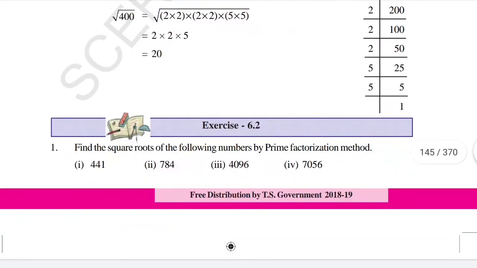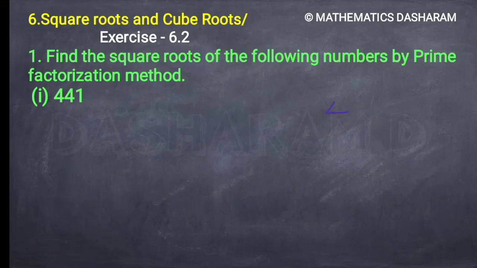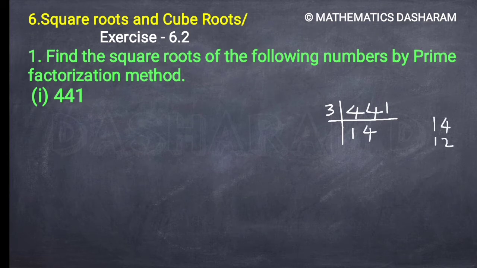Exercise 6.2, the first bit: find the square root of the following numbers by prime factorization method. The first question is 441. Is it coming in the 2 table? No. So take the next prime number, 3. It is coming in the 3 table. 3 ones are 3, 1 remainder, next digit is 4. 3 fours are 12, 2 remainder, next digit is 1. 3 sevens are 21.